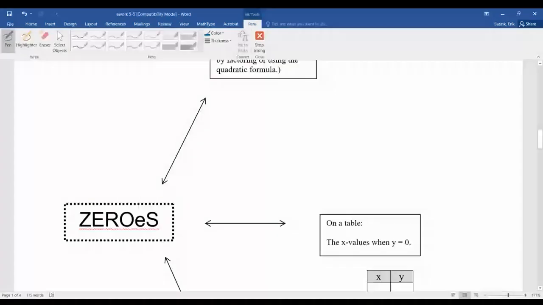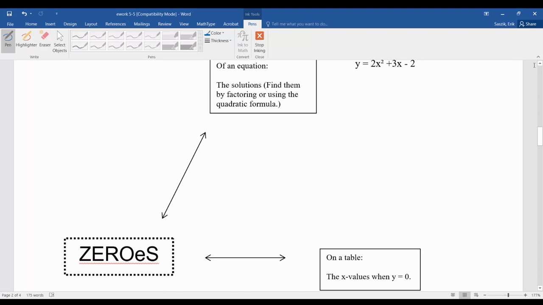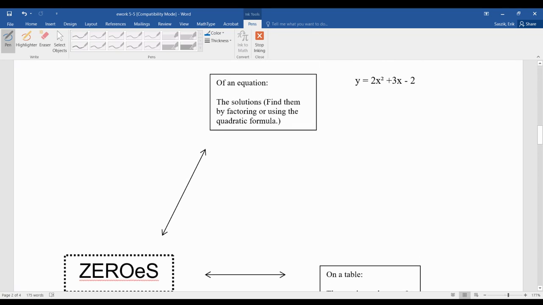Okay. So on this next page, again, we're going to tie this together. Now, zeros of an equation, you can find them by factoring or using the quadratic formula or using any of the solving techniques, square roots.